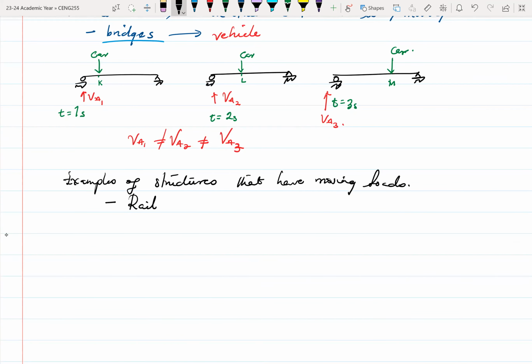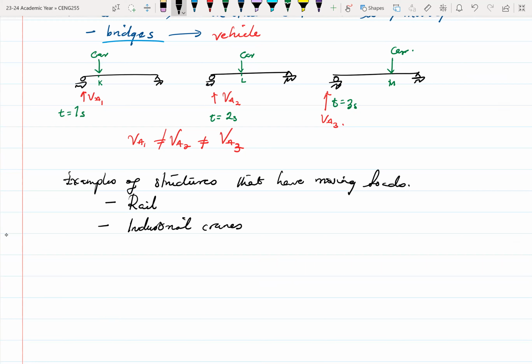Any place that has a rail system, again crossing some bridge system, can also add up to what you term as moving loads. Then you have an industrial building with cranes.